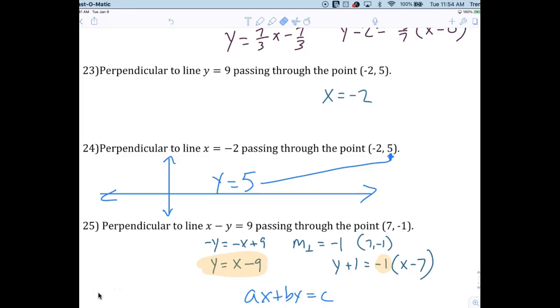So if I want to be perpendicular to a horizontal, I'm going to be vertical. If you're drawing a horizontal and you want to be perpendicular, you'd be drawing a vertical. Verticals are always x equals. So in this case, our x value is what? Negative 2. Everybody happy with that explanation?